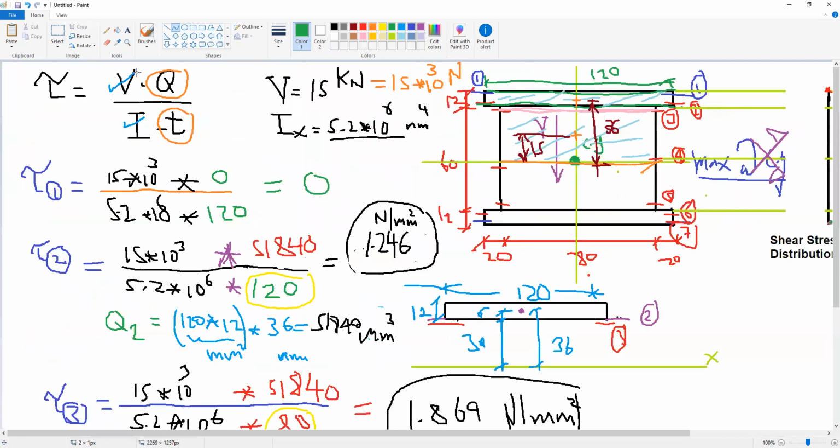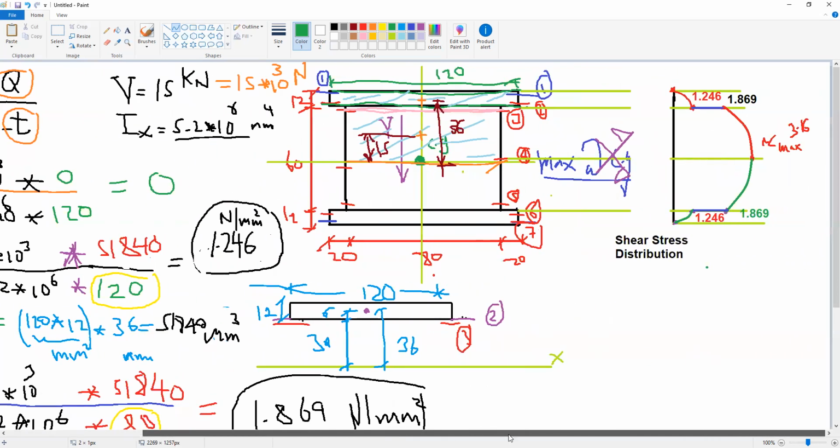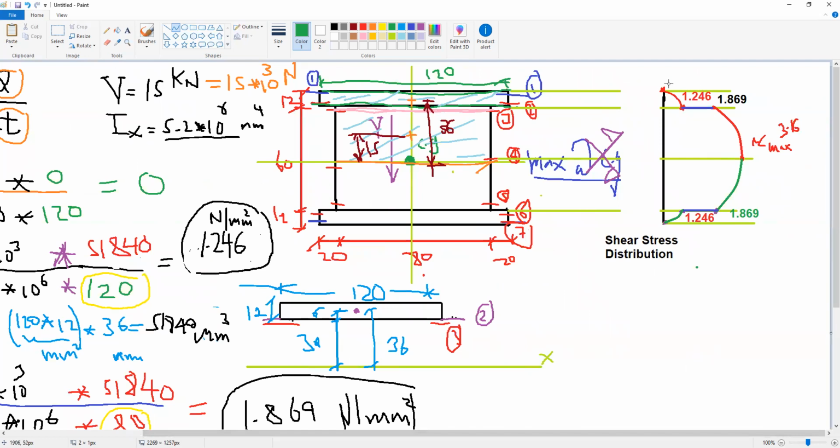You only have to know the formula and how to find the parameters of the formula, and that's it. After you calculate the stresses, you have to plot them like this. You have to connect the values of the shear stress at each section with a curve, except for sections like section 2 and 3, because they are on the same line, so you connect them with a straight line.